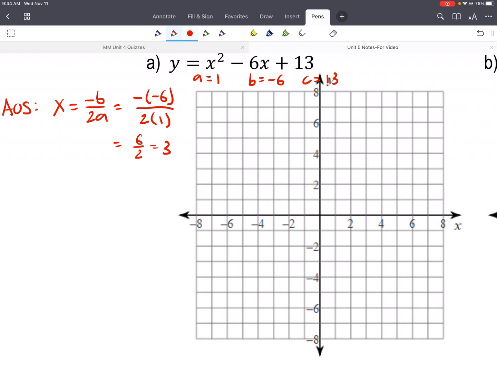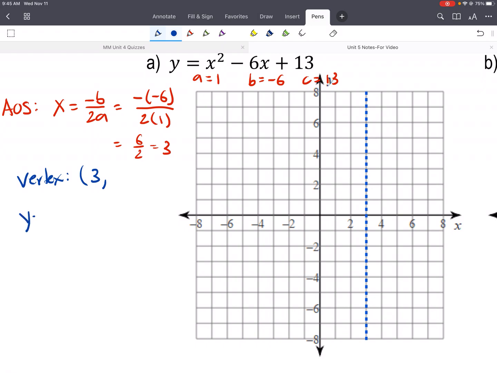So our axis of symmetry is 3, and we could plot that right now. So x equals 3. That's our axis of symmetry. To find the vertex, the x value is our axis of symmetry, and to find the y value, we plug that into our equation.